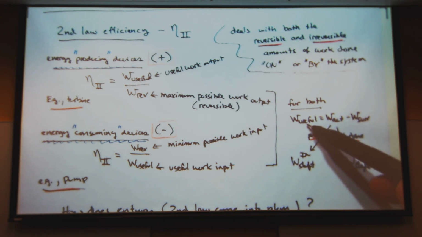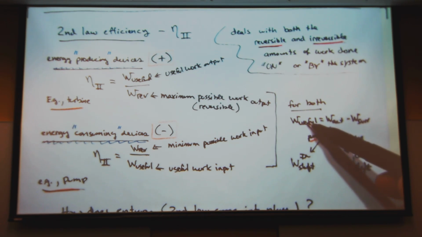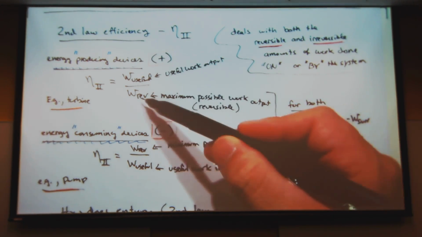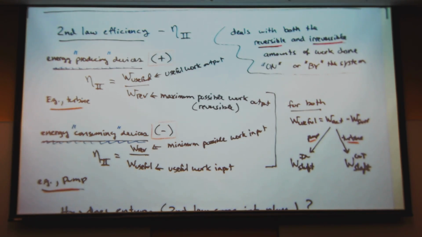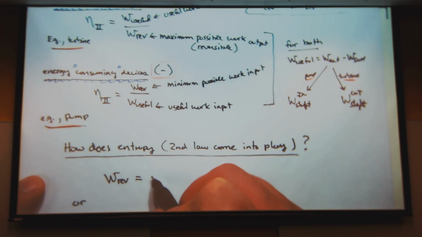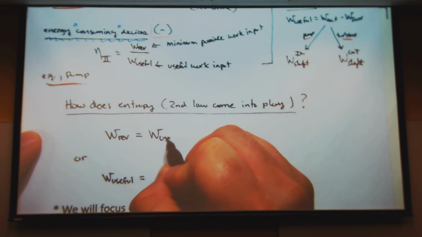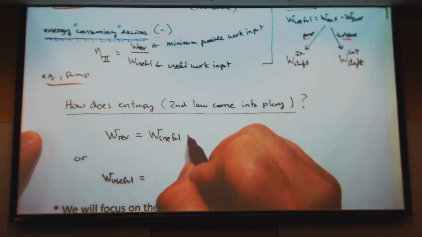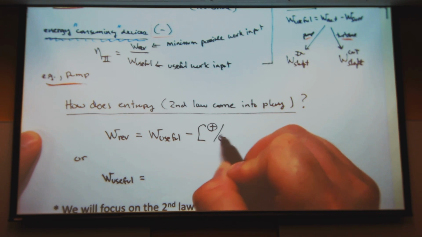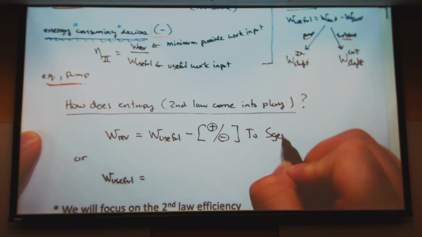So the work useful in is that, and the work useful out is that, and then I have to calculate the work reversible. Now the work reversible is equivalent to the work useful, and then I have to put a minus sign, and then there's this plus/minus T0 S gen.